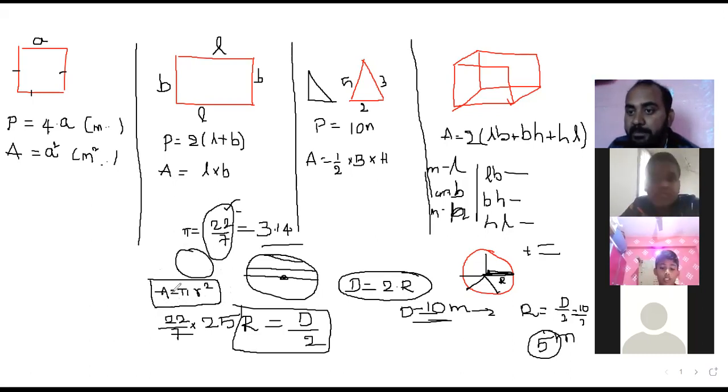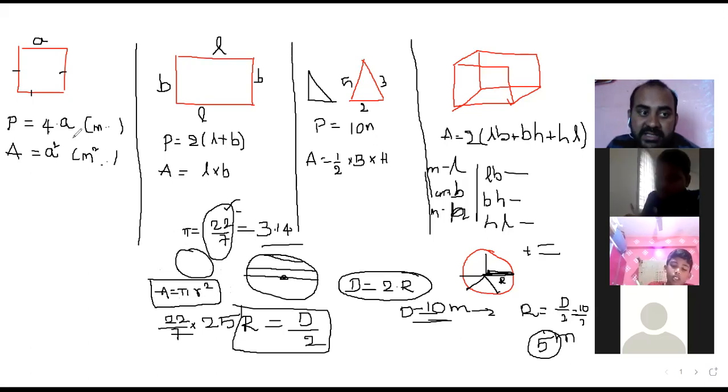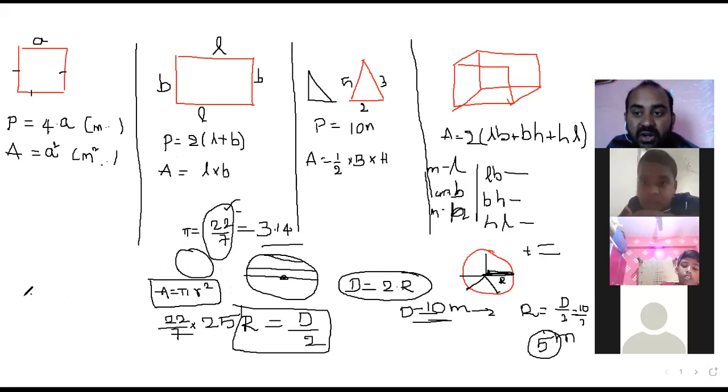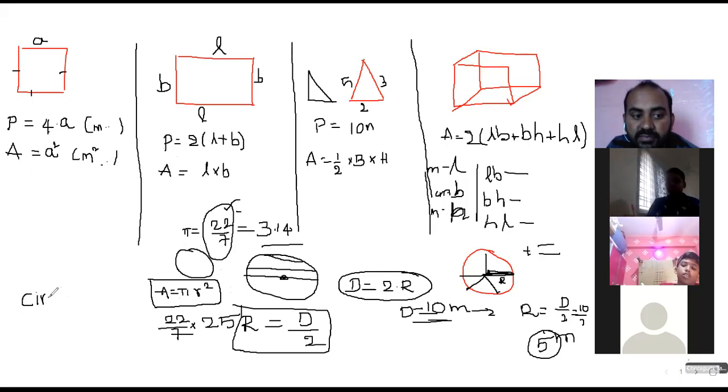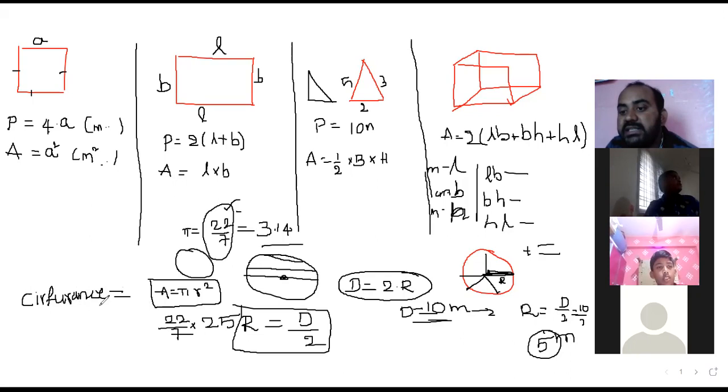Similarly, in previous cases we used the word perimeter. But in this particular case we use circumference instead of perimeter. What is the word? Circumference. We are using that word.